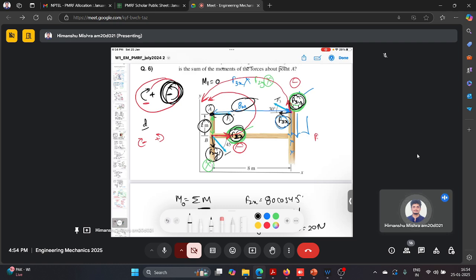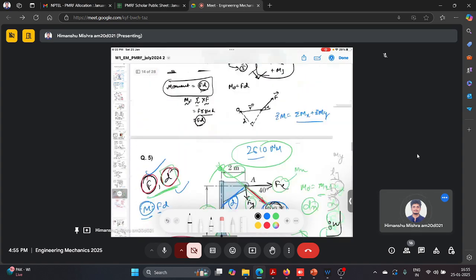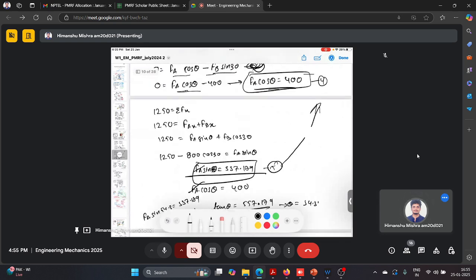We will first revise what is meant by equilibrium, and then we will begin solving questions on trusses. So next week we will start by solving questions from movement, go to equilibrium, and then we will extend the equilibrium concept to the trusses. So if you have any doubt from today's class, you can just ask. We will meet next week, same time.